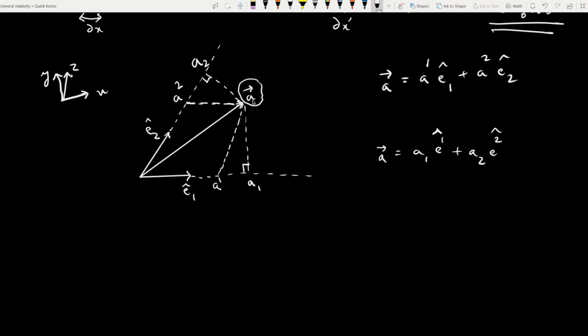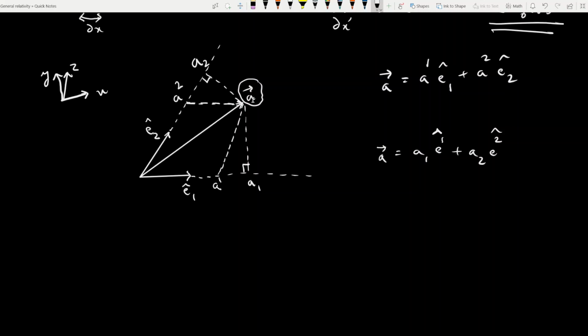That component is denoted as a superscript 1. Now why did I write a superscript 1? Because remember that when we parallelly project this A vector on the base right here, we would get the contravariant component of A, right?